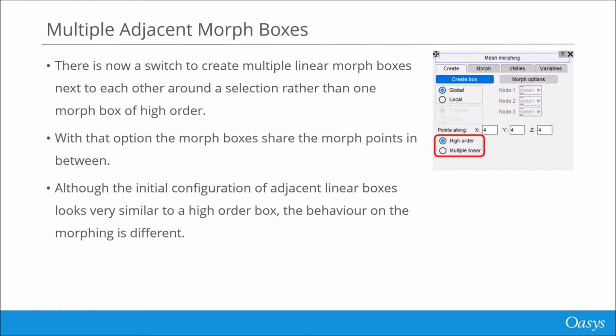With the multiple linear option, the morph boxes share morph points in between. You're essentially creating multiple single order morph boxes joined together. So although the initial configuration of adjacent linear boxes looks very similar to a higher order box, the behavior on the morphing is very different.